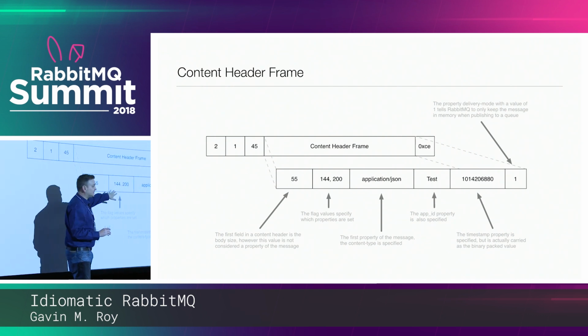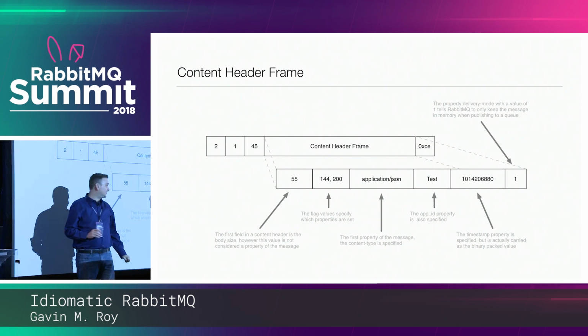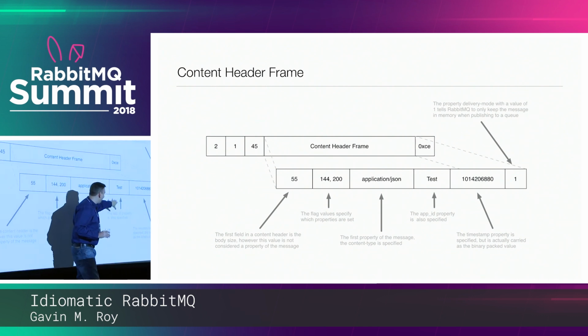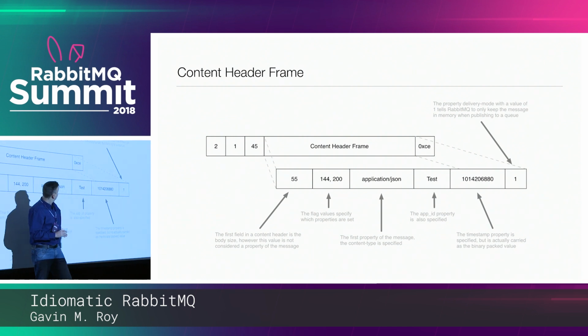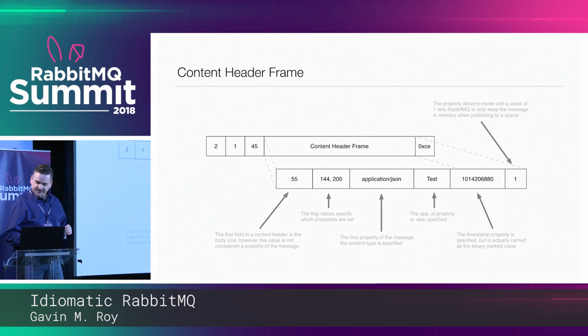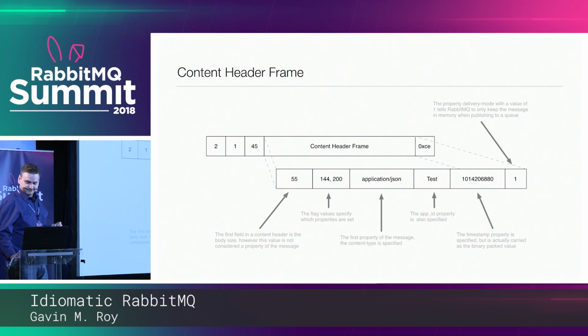And then this awesome number here, there's a little algorithm with bit packing to determine what fields out of all of the message properties get carried along. So content type, app ID, the timestamp, and then mandatory, delivery mode.